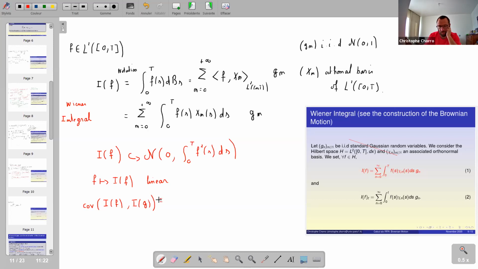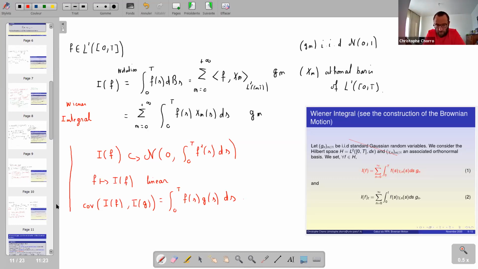The covariance between two objects of this type is simply the integral between 0 and capital T of f of s g of s ds. So we have proved all these things in the first session concerning chapter 1. It was the last session that I was able to do live in the room 170.